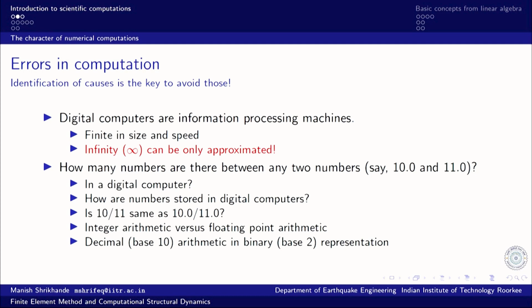And another typical issue is that human beings understand the decimal number system, the base 10 number system. That is how we started counting, because we have 10 fingers, and the earliest human beings started counting on fingers, and that is how we have grown to understand counting in multiples of 10.